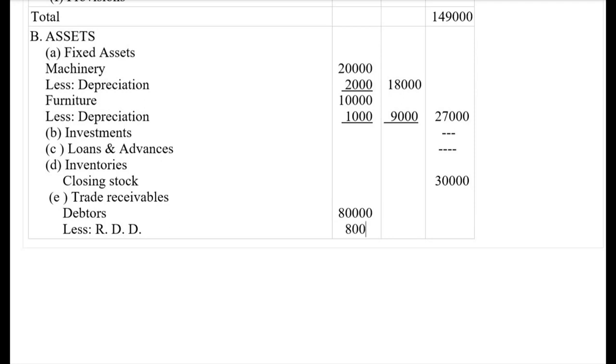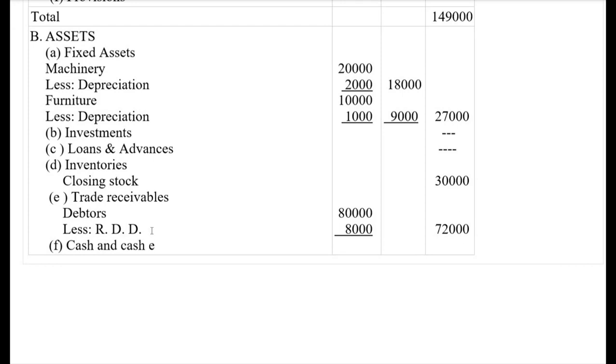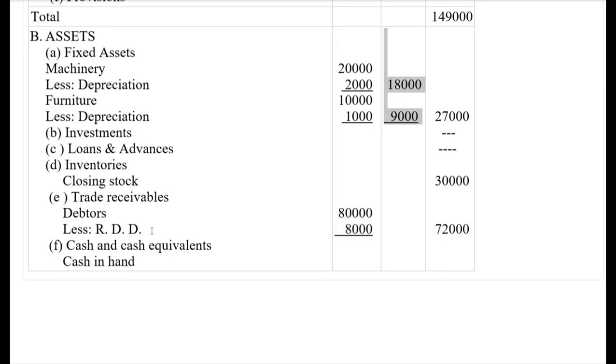So 8,000, let's underline here, it comes to 72,000. Then the next one here, F, cash and cash equivalents. So cash in hand, that is given as rupees 20,000 here.